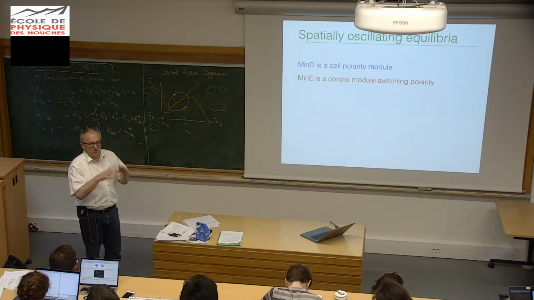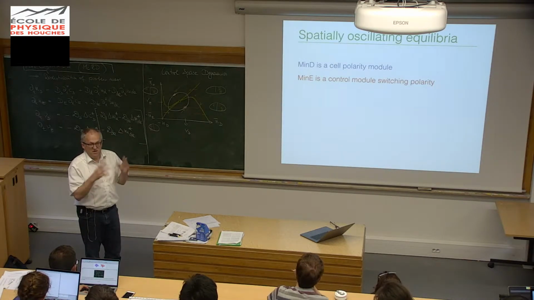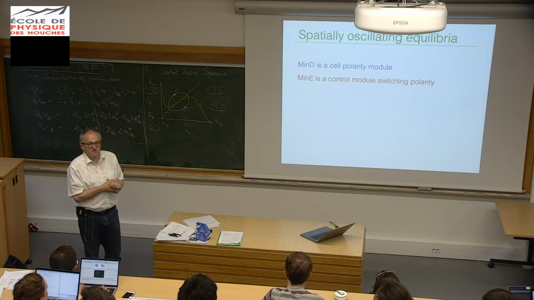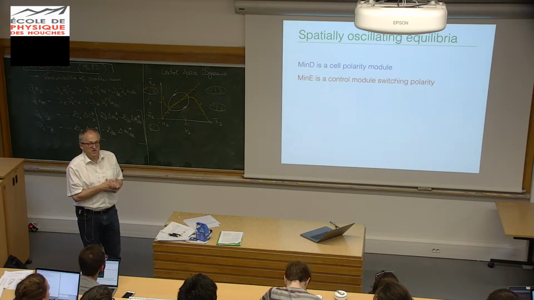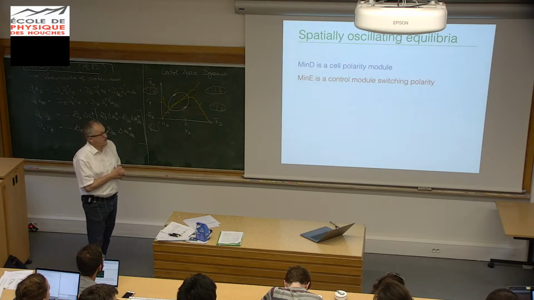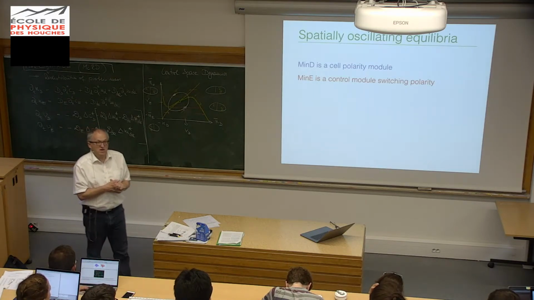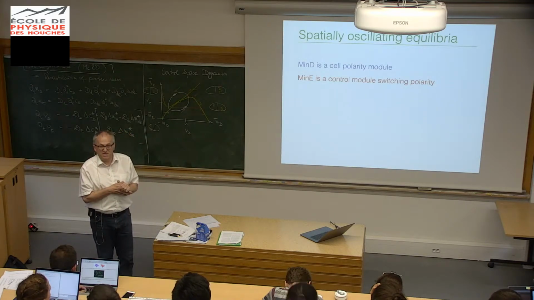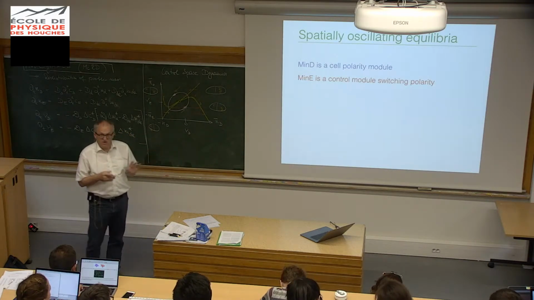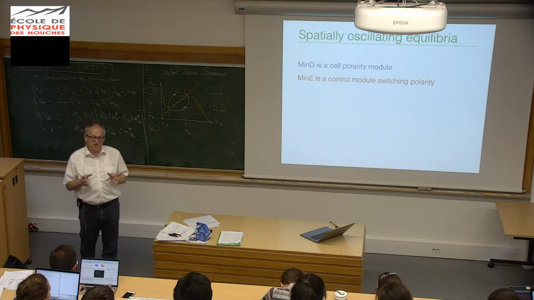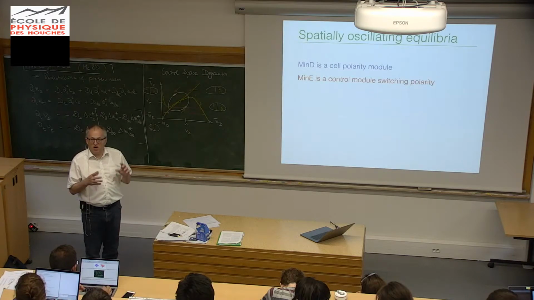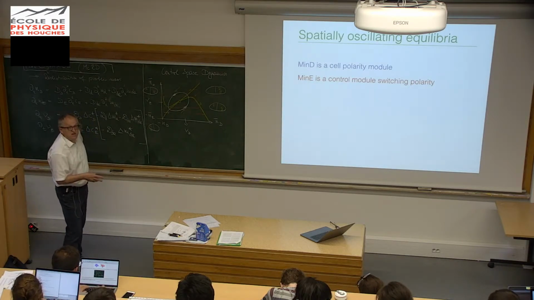Based on all the geometry we did and all the analysis, this is my two-sentence summary of what Min oscillations are: a polarity module of MinD combined with a control module of MinE. And I find those statements very useful also in the context of a biological system, because they give you a handle on what the role of those reaction networks really is.